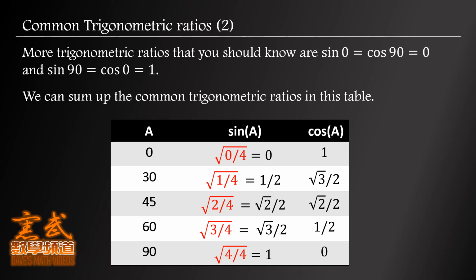The sine of 45 is the square root of 2/4. The sine of 60 is the square root of 3/4. And the sine of 90 is the square root of 4/4. For cosine, they simply go in the other direction. That is, they start at 4/4 and go down to 0/4.